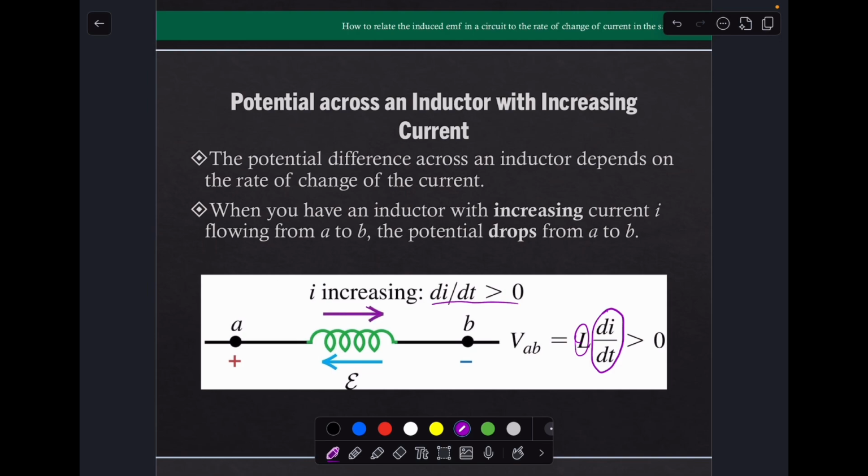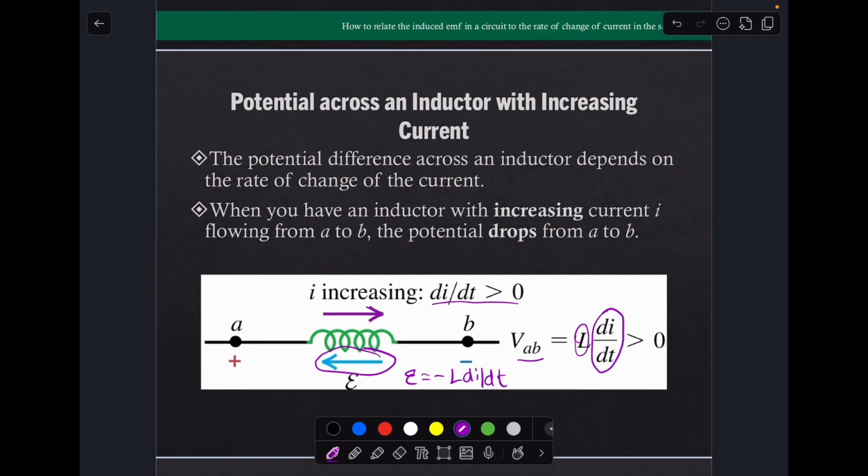The EMF produced, however, opposes that, and will point in the opposite direction. So that's where the E comes from, right? That's the voltage produced by the change in current. The voltage in the circuit is VAB.